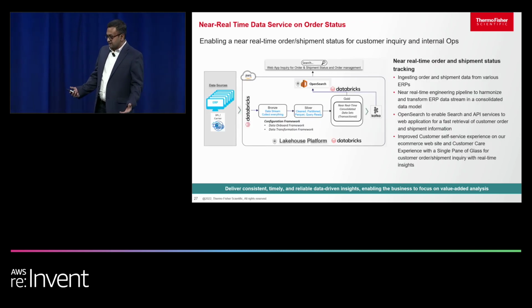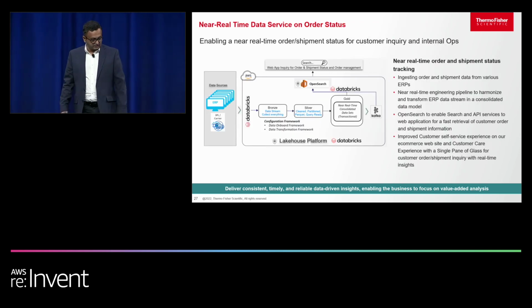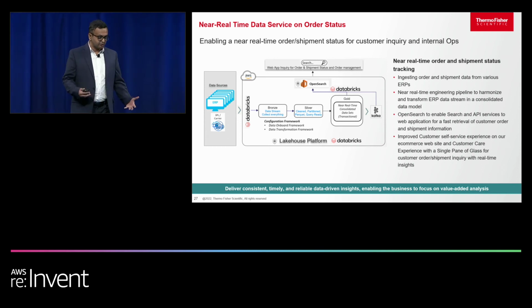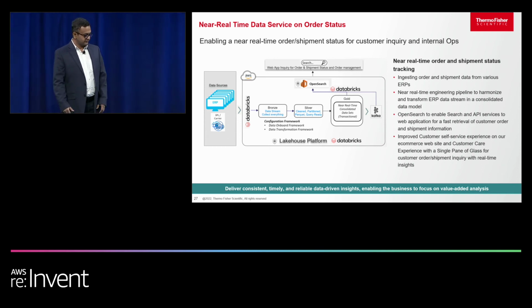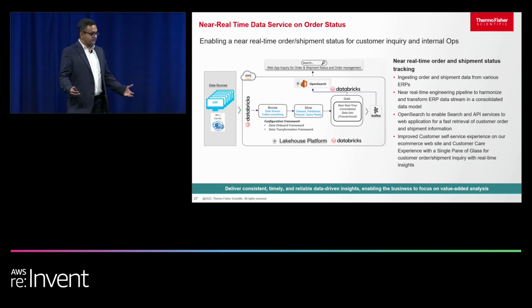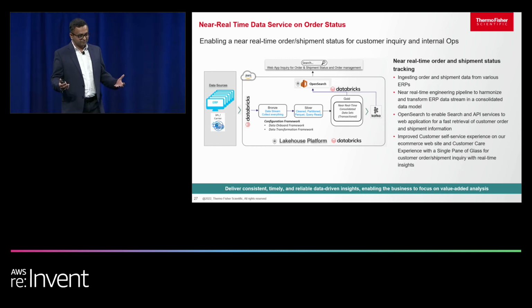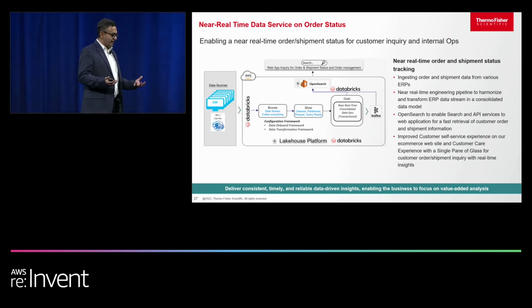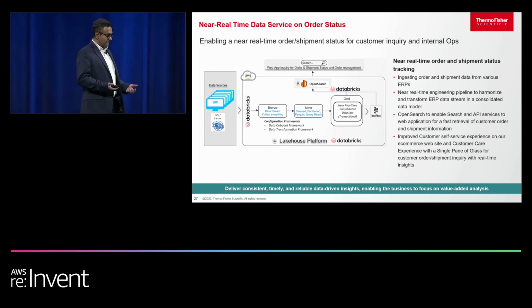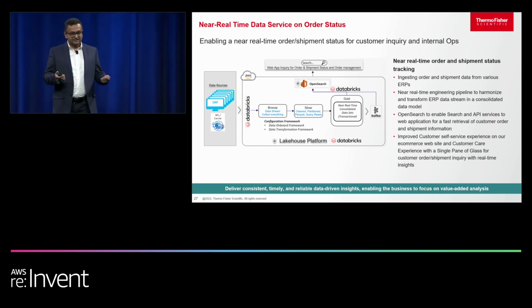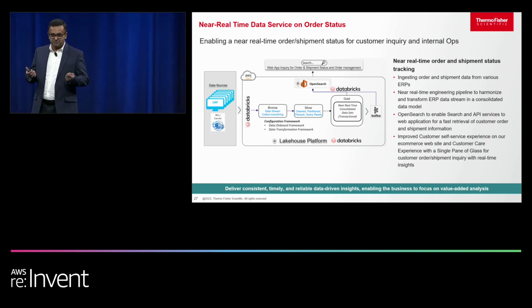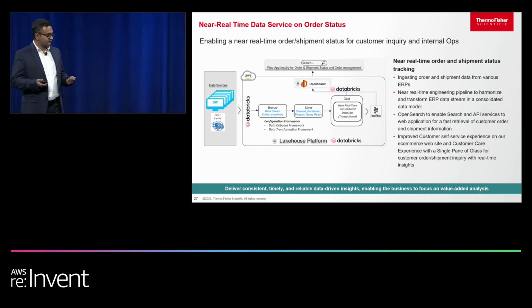The second use case we talk about is near real-time streaming, and this was a practical use case. When you have fragmented applications and systems, a customer care agent needs to find the status of an order, and get the latest information when a customer calls: what's the status of my order?